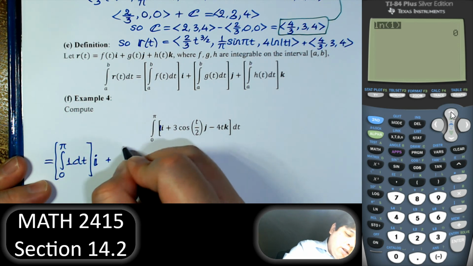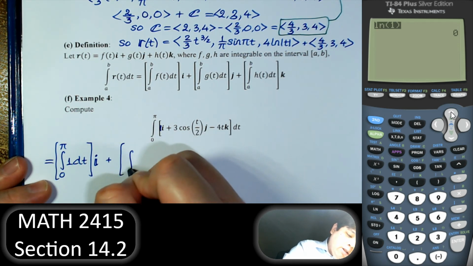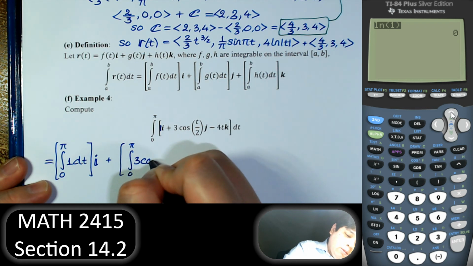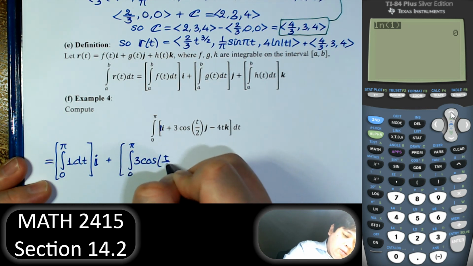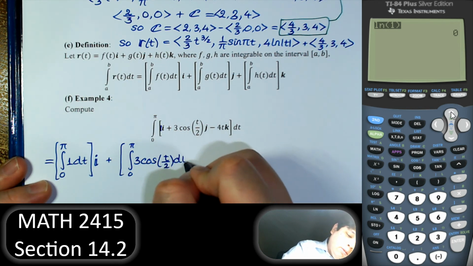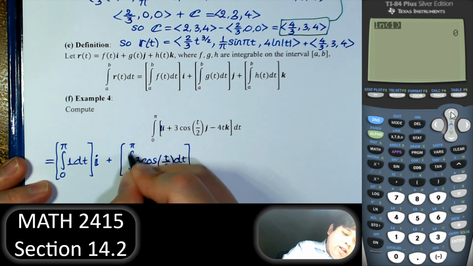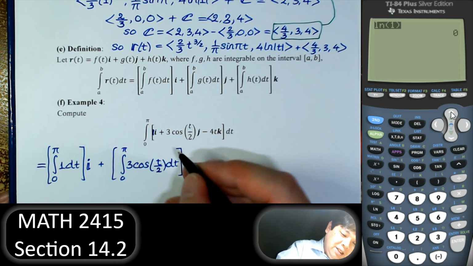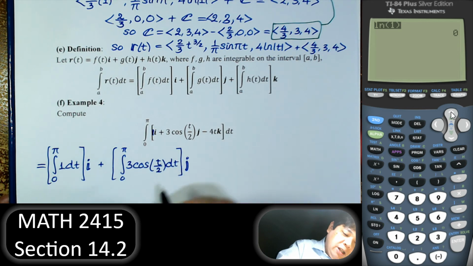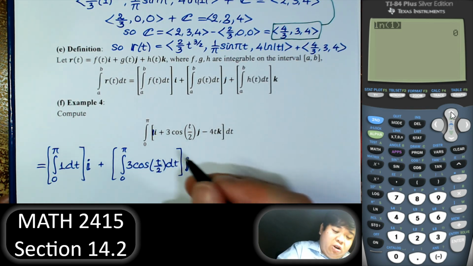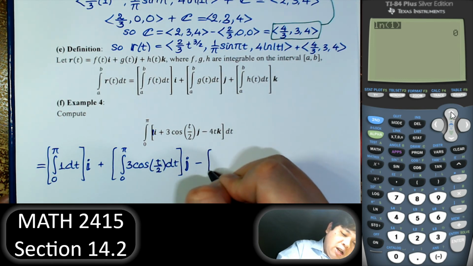And then plus integrate of this, each one of them has the integral and then the dt. This is for j. Whether we say minus or put the minus in the integral or not, it doesn't matter. I'm just going to leave the minus outside.